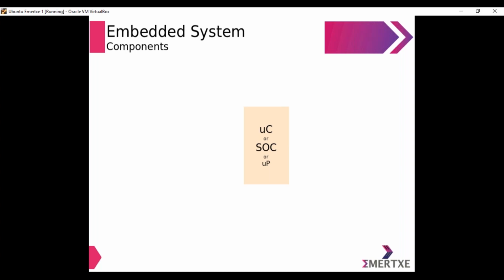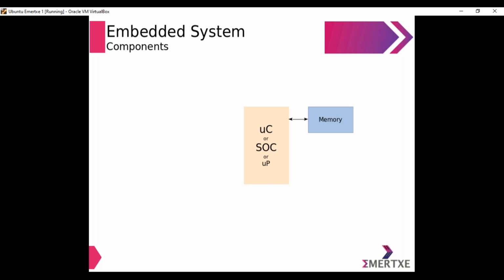SoC is nothing but system on chip, which will have multiple microcontrollers or microprocessors embedded on a single chip. As the number of functionalities increases, you may need more microcontrollers or microprocessors. That is when you are going to choose SoC, which is the very first important component.